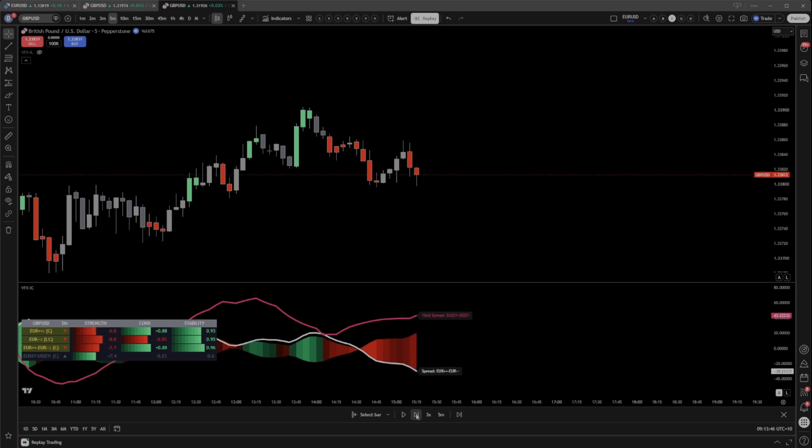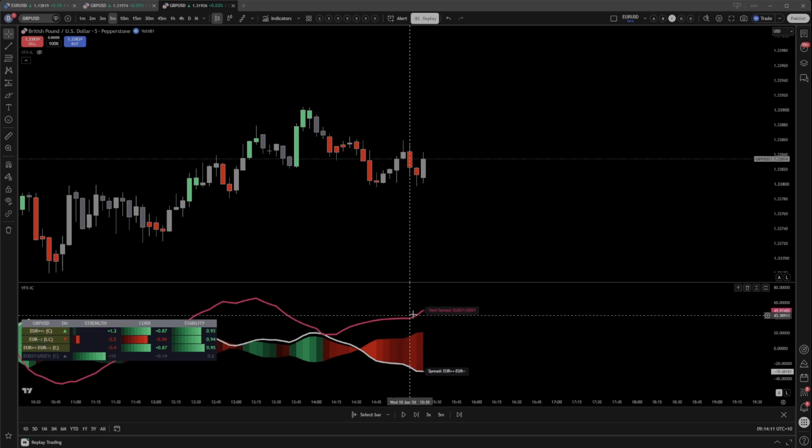Right, so what's happened? The yield spread is pointing upwards, synthetic spread is pointing downwards. So potentially we're looking at an area of potential ranging, or as mentioned in a previous video, the yield spread is a leading indicator. So we may see price follow it and go long.